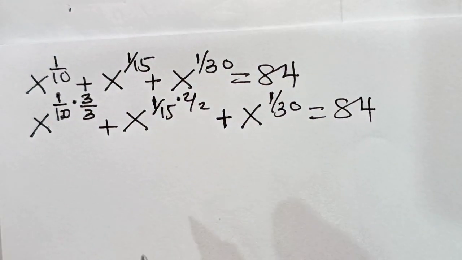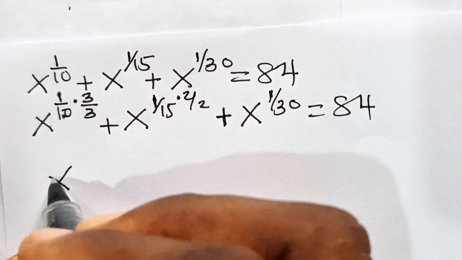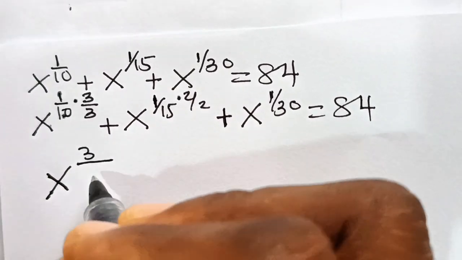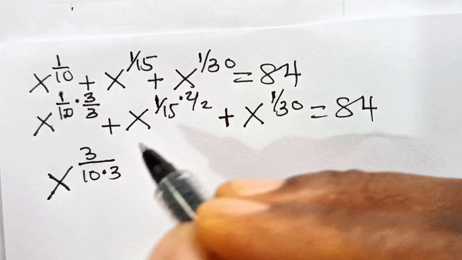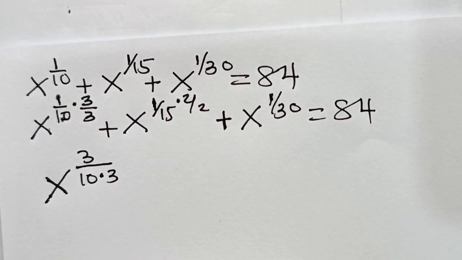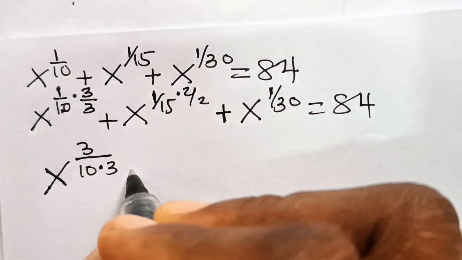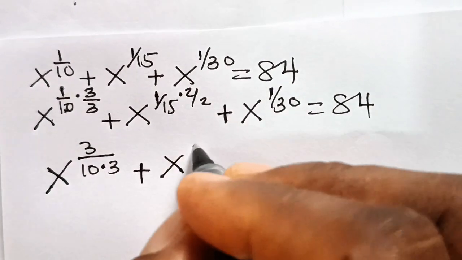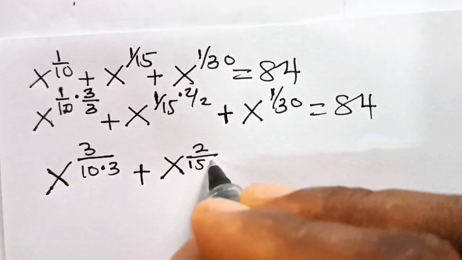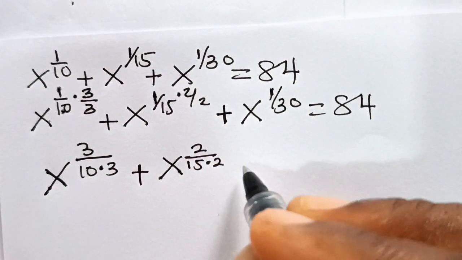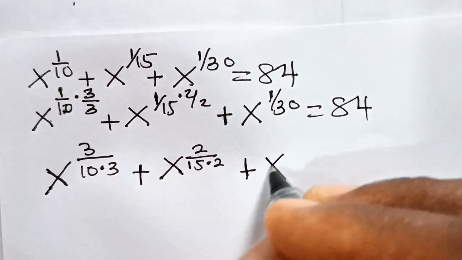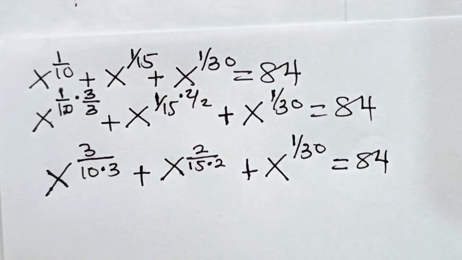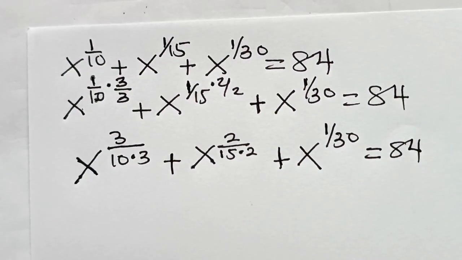Now we can write this as x to the power of 3 divided by 10 multiplied by 3, plus x to the power of 1 times 2, which is 2, divided by 15 multiplied by 2, plus x to the power of 1 over 30, and this is equal to 84.